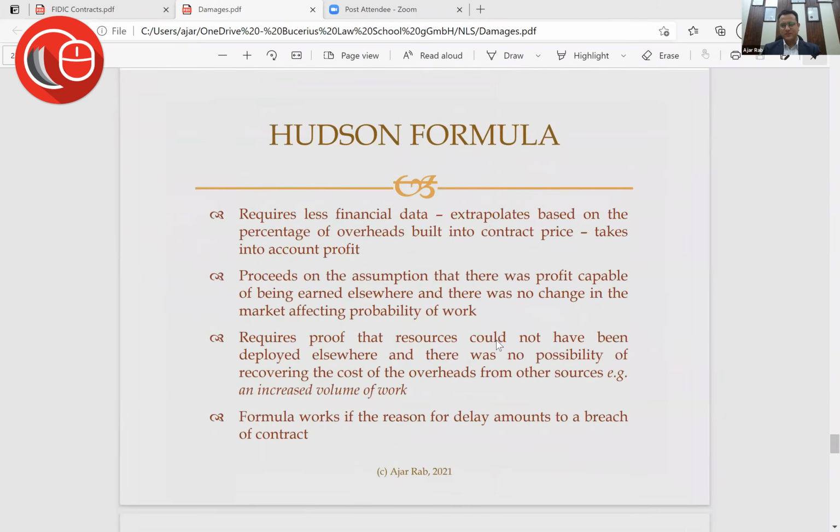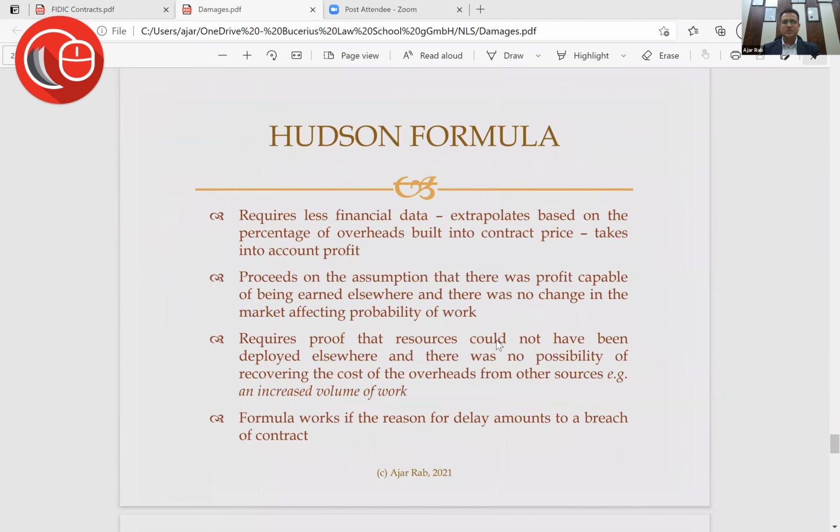So then you have the Hudson formula, which requires less financial data, and it assumes a certain percentage of overheads in the contract price. Traditionally, this was between 3 to 7%. Okay. What you need to show here is that you could not have gotten any other contract during this time, and only then can these formulae apply, right?